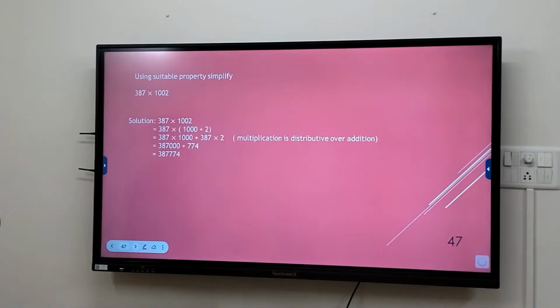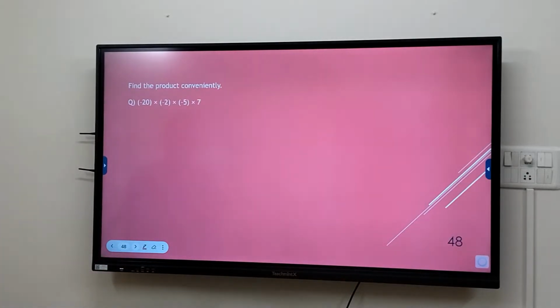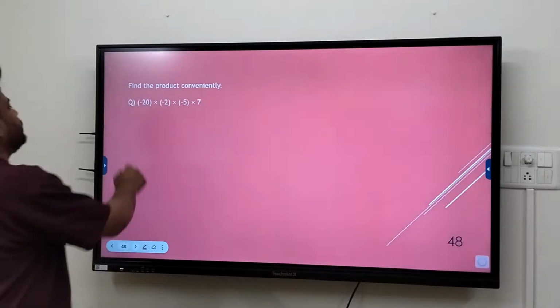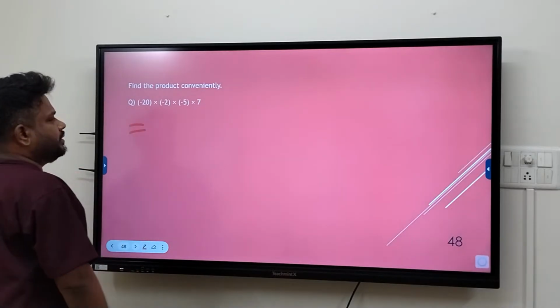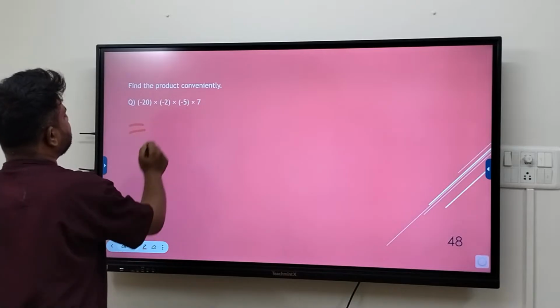Let's see this one. Okay, we have done it right. Find the product conveniently. This one is pretty much simple like the previous one. Just multiply these two numbers.